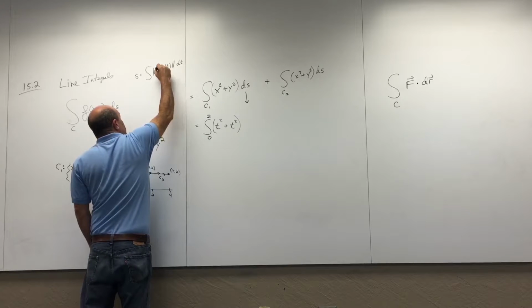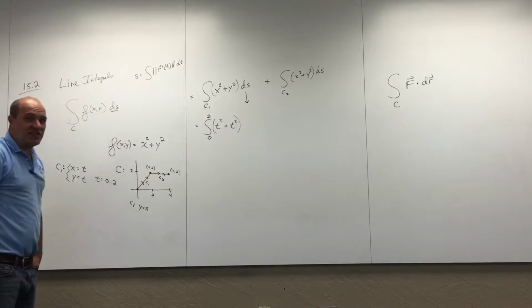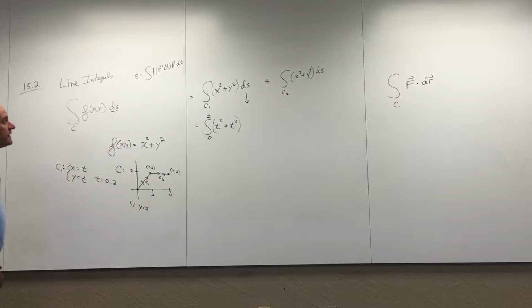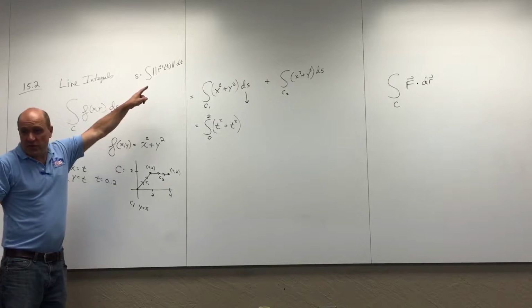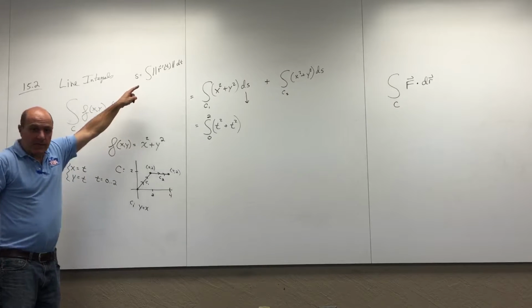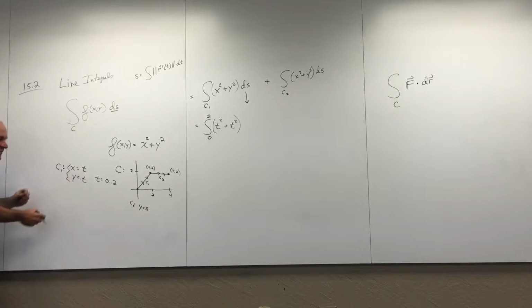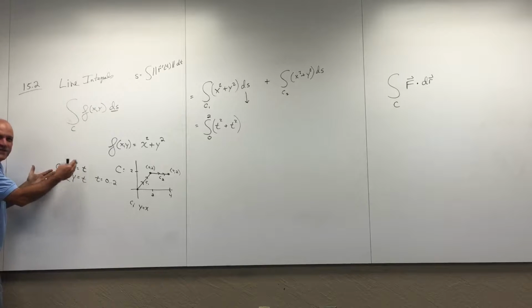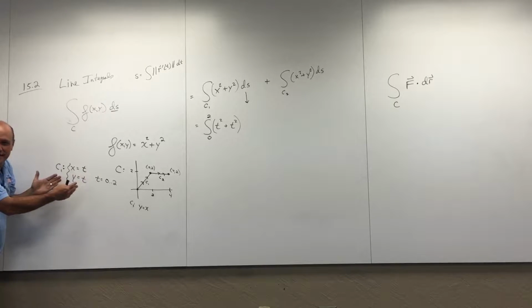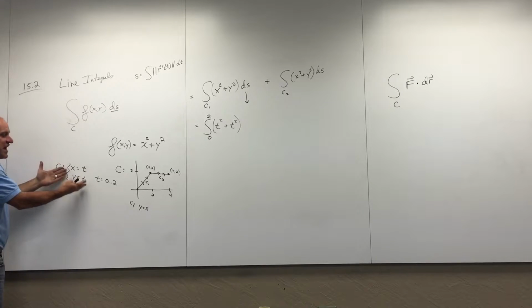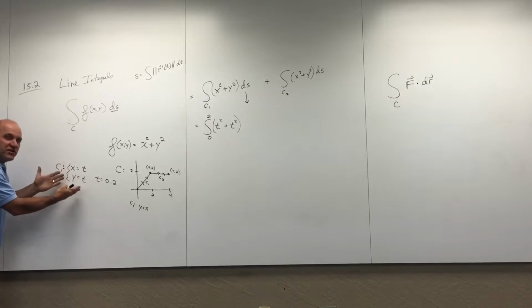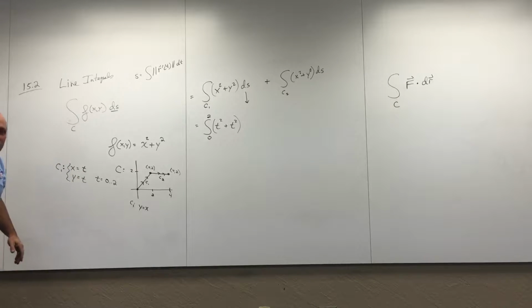Now, all of a sudden, I just switched notations on you. I just used that r of t notation. This wasn't r of t notation, this was parametric equations: x as a function of t, y as a function of t. The truth is, this was sort of chapter 10 parametric equation notation. When we got to chapter 12, we used vector-valued function notation.